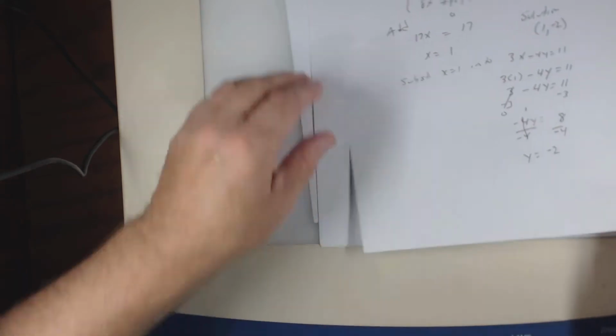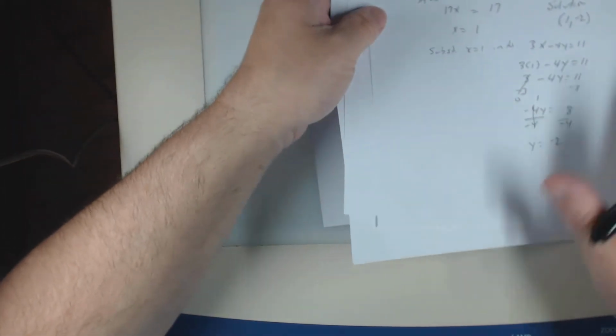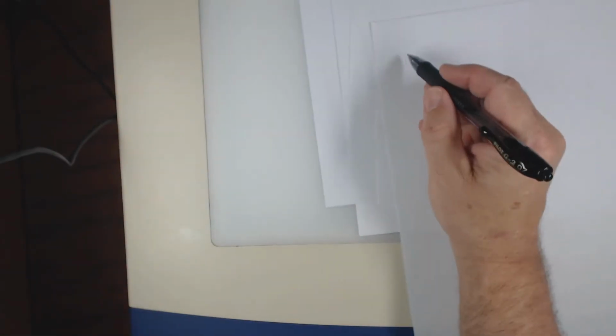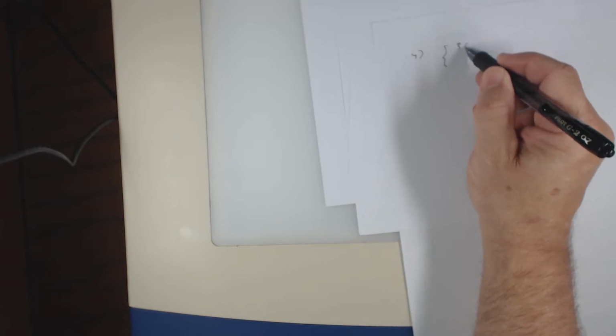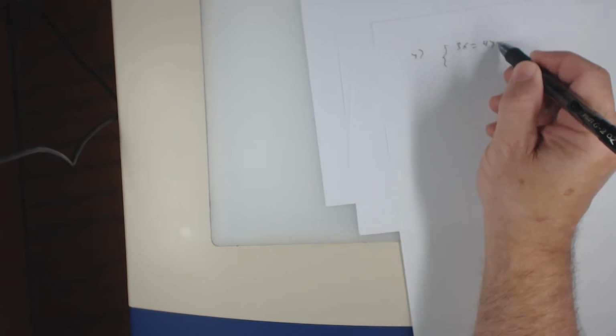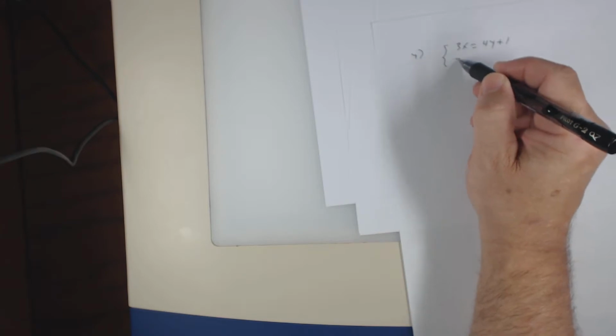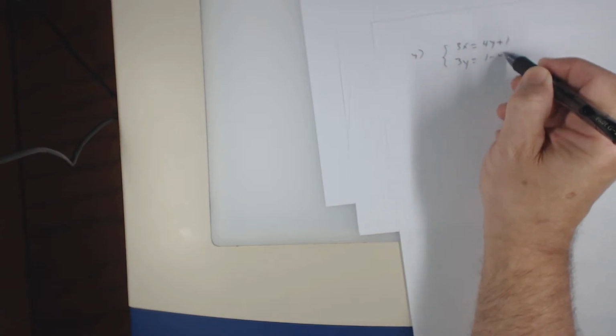All right, let's look at this one. All right, you have 3x equal 4y plus 1, and you have 3y equals 1 minus 4x. Okay, again, you want to do this by the addition method.